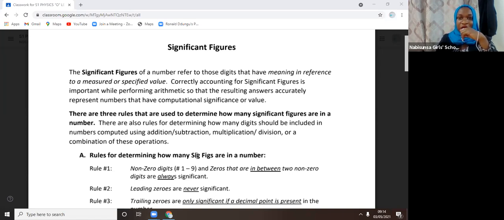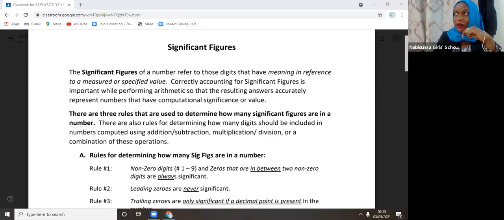Teacher, what about a number like 245? Now we have rules that we use to determine the number of significant figures in a number.